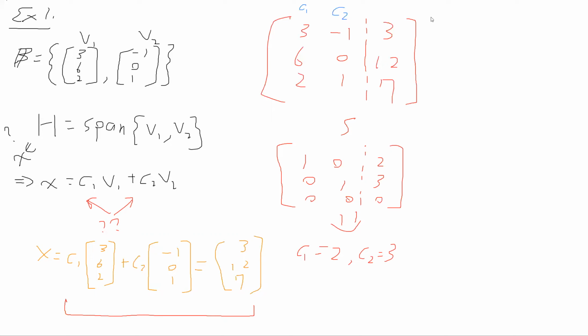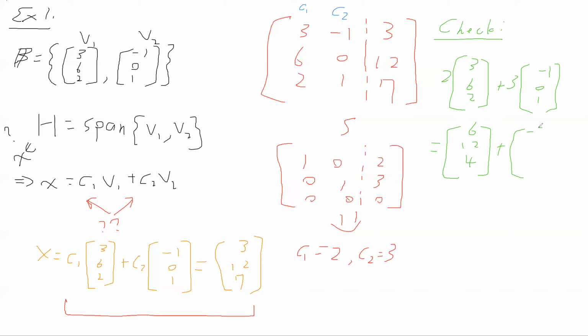Check: c1, that's 2 multiplied by v1, 3, 6, 2, plus c2, 3 multiplied by v2, negative 1, 0, 1. Let's see what we have: 6, 12, 4 plus negative 3, 0, 3. Let's add the entries. I get 3, 12, and 7, which matches our vector x. Check.